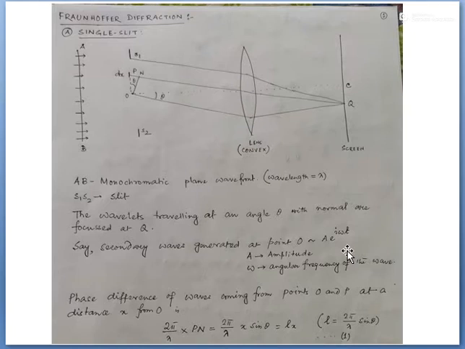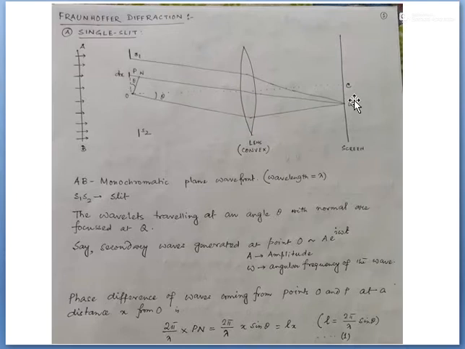Now, what is the phase difference between two rays, one coming from O and another coming from this point P? That is just the difference of the path, that is Pn, covered by this PQ ray with respect to the OQ ray.